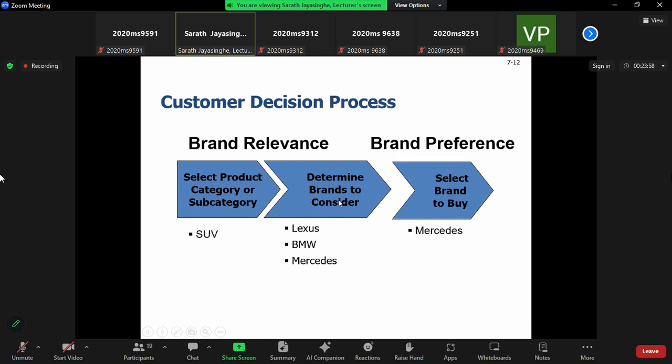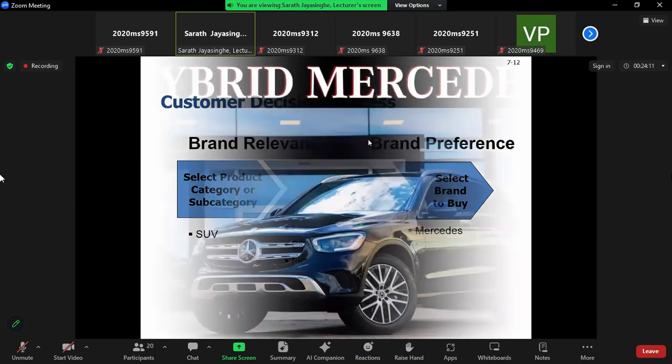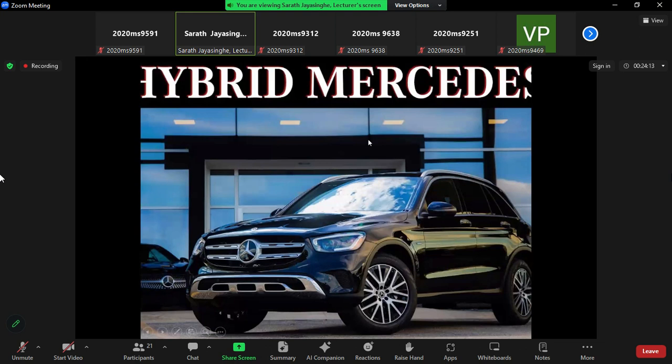Then you determine the brands to consider, like Lexus, BMW, Mercedes. And then you can select. That is the customer decision process, right? So if you get Mercedes, this is Mercedes, also Mercedes-Benz, and this is also hybrid.